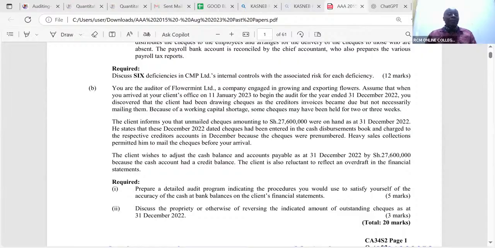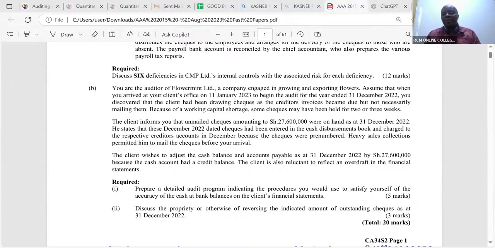All right. Ladies and gentlemen, anything to do with the cash at bank, I will have to do inquiries. I would want to talk to the management. First of all, I get an assurance from the management that whatever figure is on their financial statements is representing a true position.